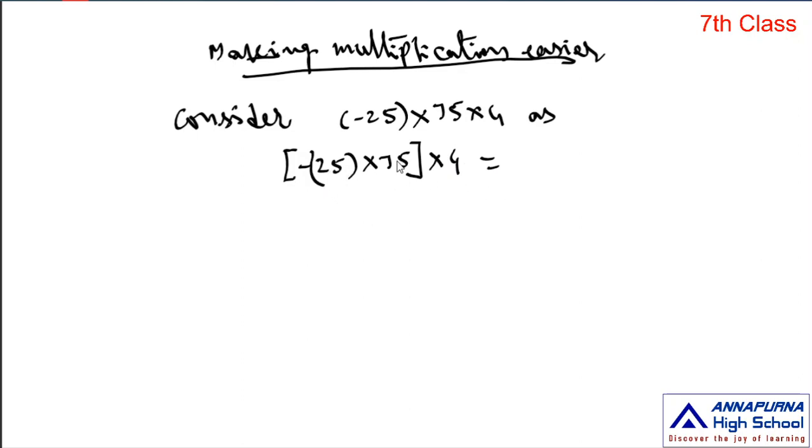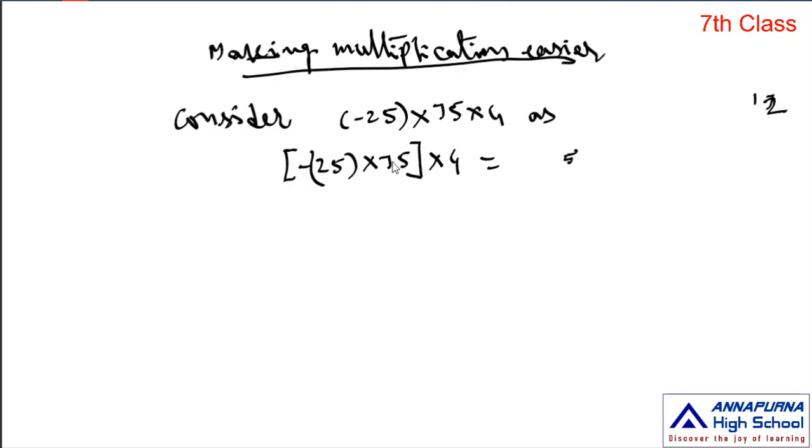25 into 75, product of negative and positive is negative. Multiply as ordinary multiplication, 75 into 25. 25 5s are 125, 12 is carried.